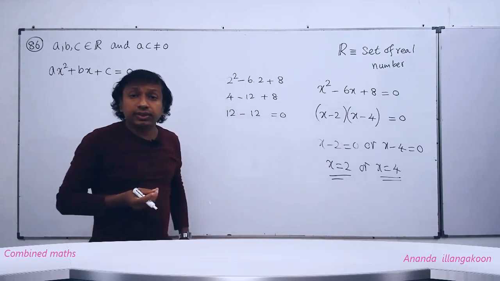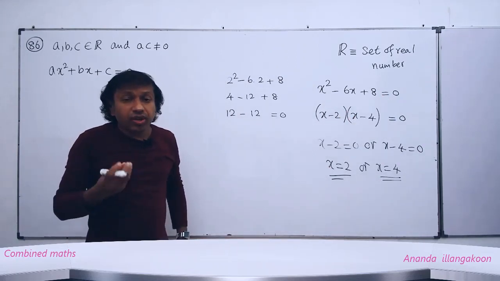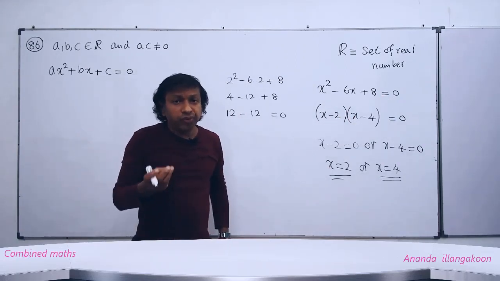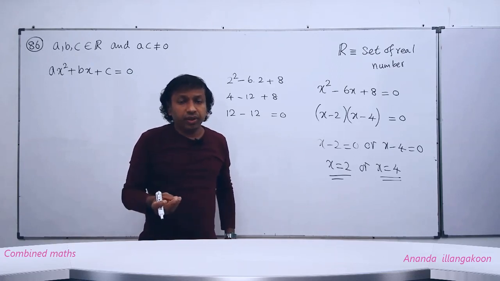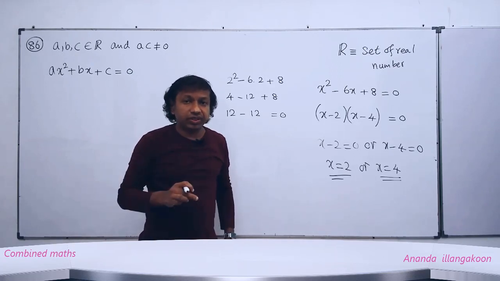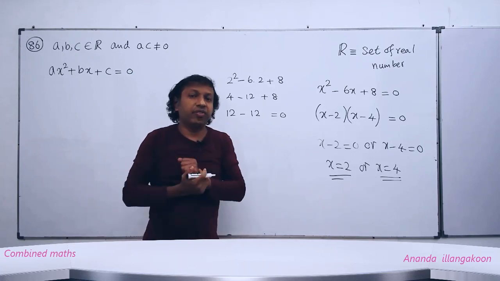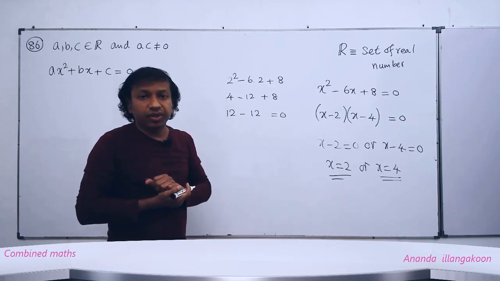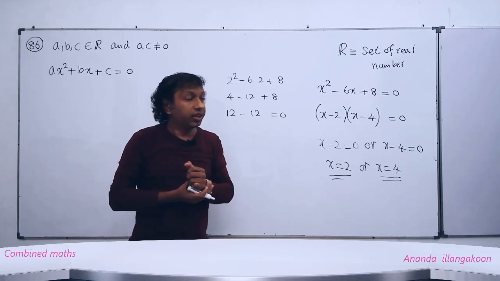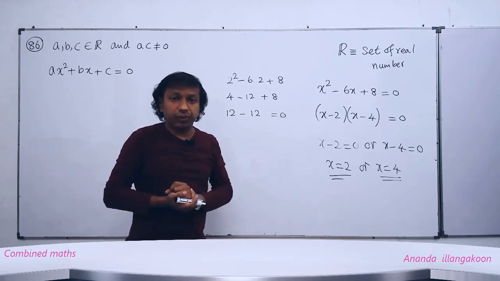People, like this, when we substitute the root of the quadratic equation for x in that quadratic equation, and simplify the left-hand side, the simplified answer is equal to the right-hand side 0.